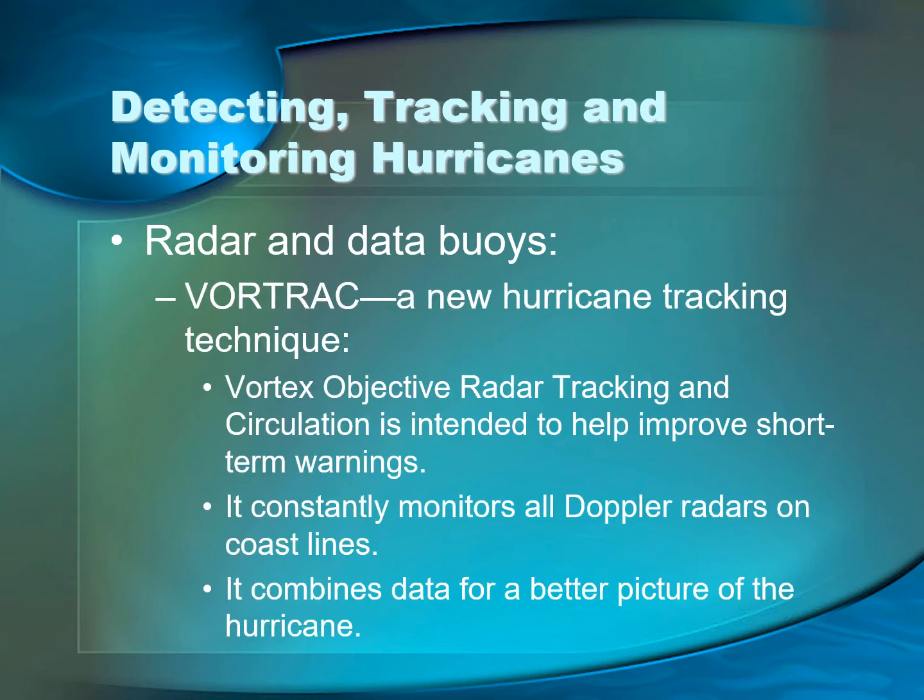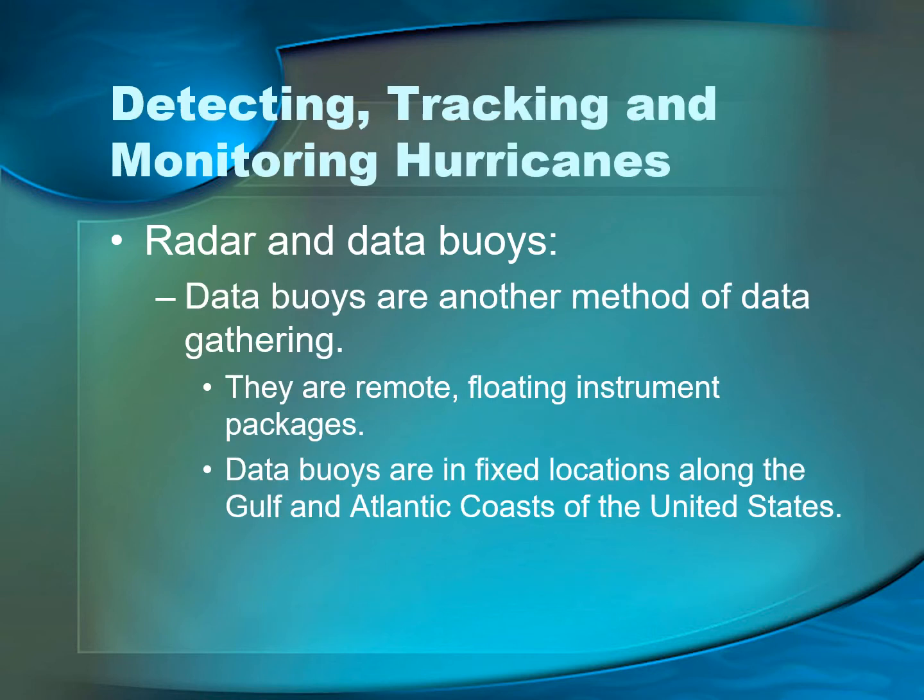Okay, so VORTRAC is not necessarily new because these slides are a little bit old, but this would have been new just a few years ago. Vortex Objective Radar Tracking and Circulation, trying to help improve short-term warnings. So constantly monitoring all Doppler radars on the coast and then combining that data to get an overall bigger and better picture of your approaching hurricane.